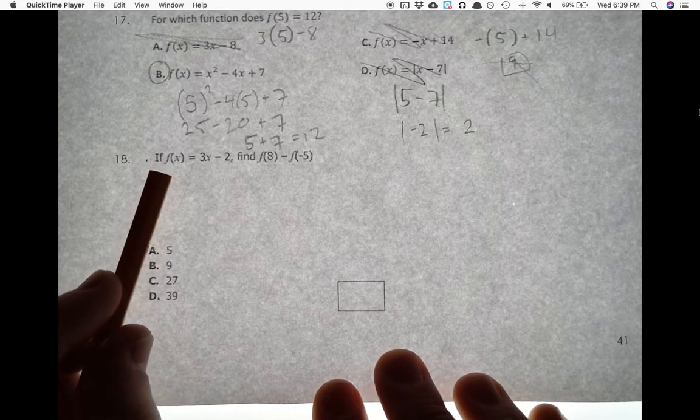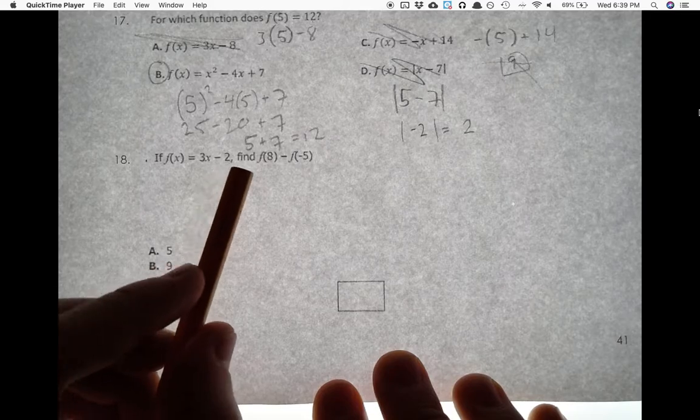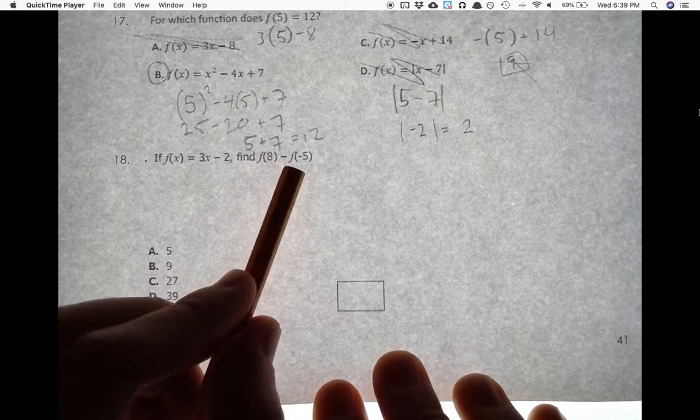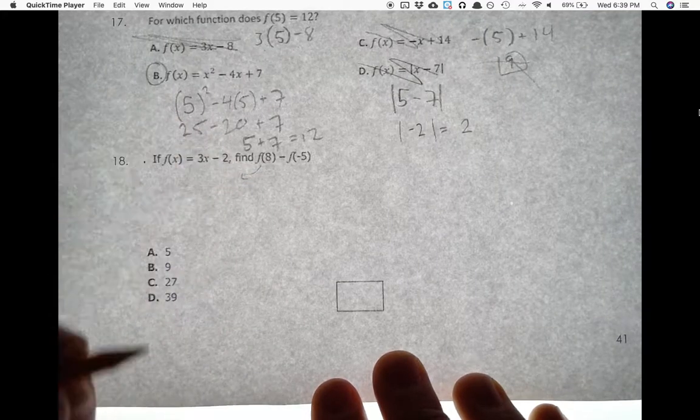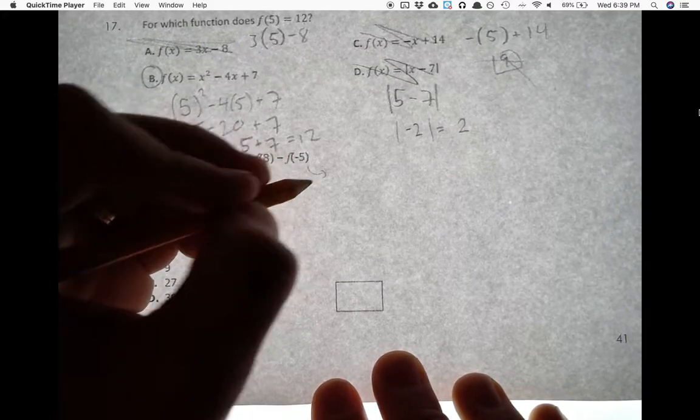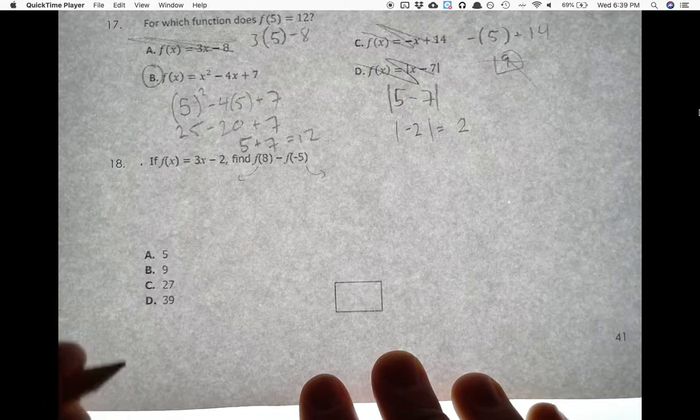It says, if f of x is this, then it wants you to find f of 8 minus f of negative 5. So what I need to do is first find f of 8, and then I'll find f of negative 5, and then I'll subtract them from each other.